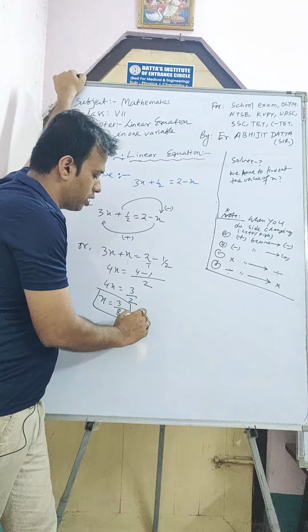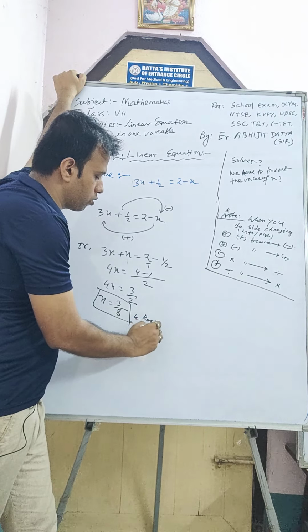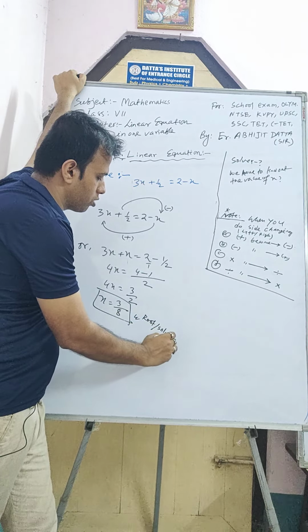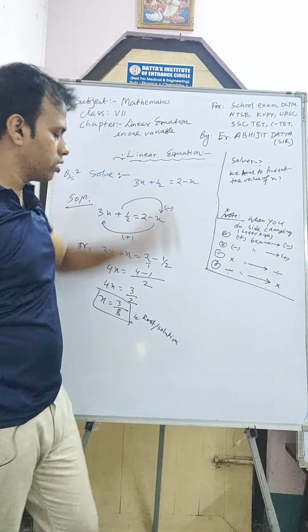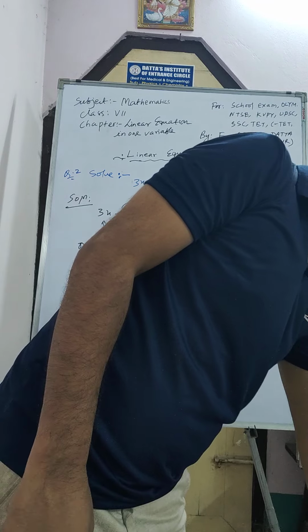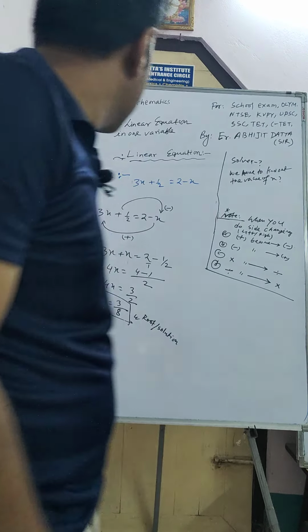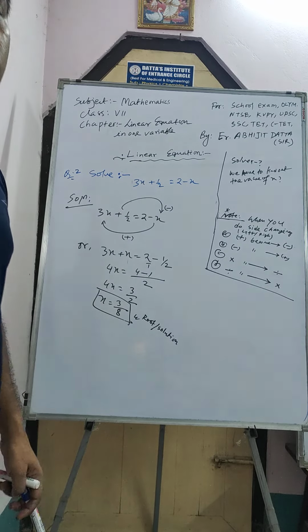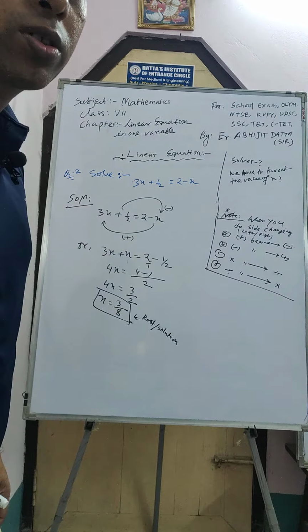So x equal to 3 by 8 is the root or solution of the equation. Okay, all of you understood? I hope all of you understood.